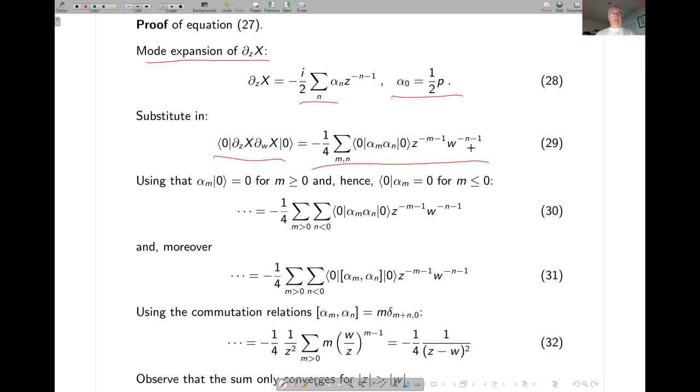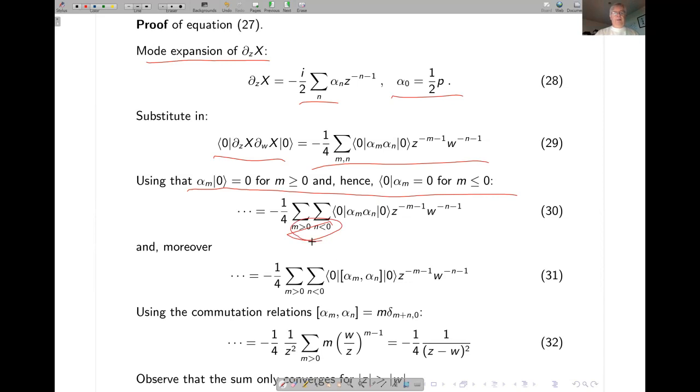Now comes the standard trick for how one evaluates commutators or correlation functions in a free quantum field theory. One uses that certain operators are annihilation operators, either acting on the in or ket vacuum or on the out or bra vacuum. And for that reason, I can truncate my sum.